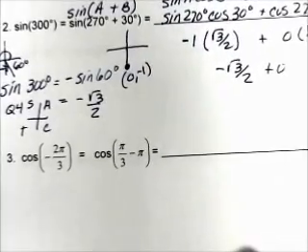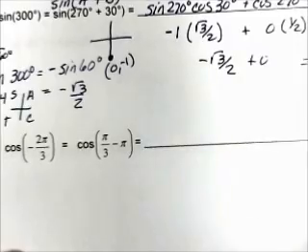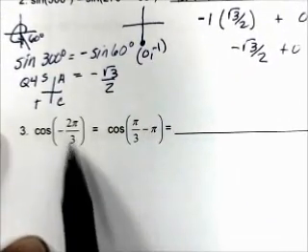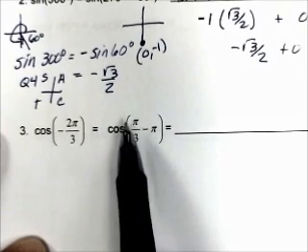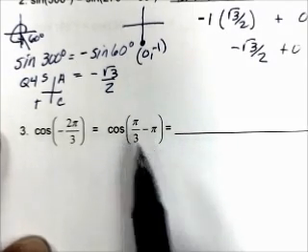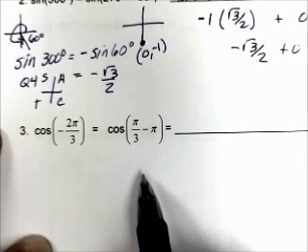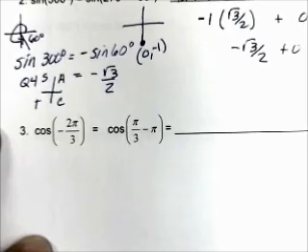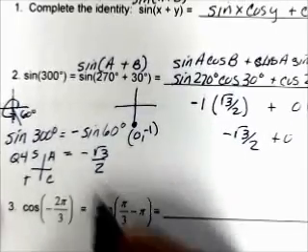Next, the cosine of negative 2 pi over 3. Negative 2 pi over 3 is equivalent to 1 pi over 3 minus pi. That's 1 minus 3 is negative 2, so we get negative 2 pi over 3. All right, so this is the cosine of a minus b.